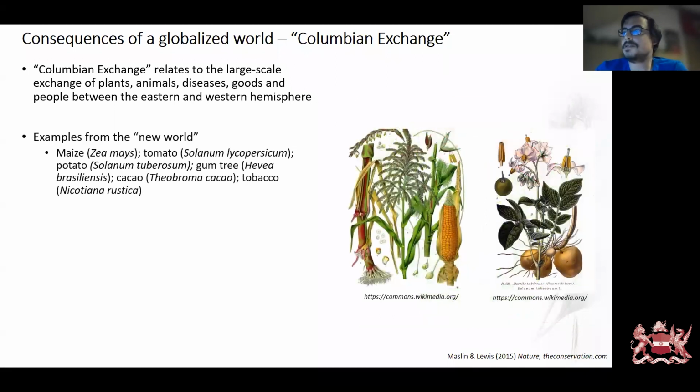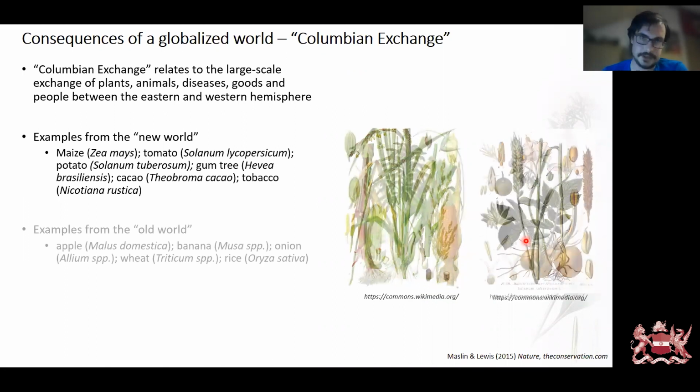Just some examples for species from the New World traded during this Columbian exchange. You can see maize, tomatoes, potatoes, gum tree, cocoa, tobacco. Here we have some nice illustrations of maize and potatoes.